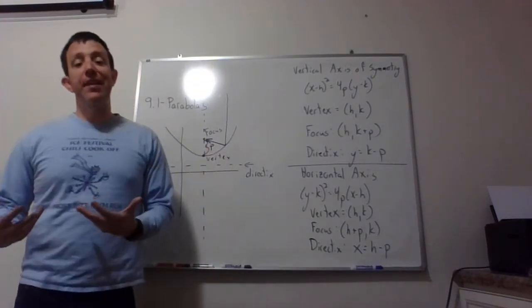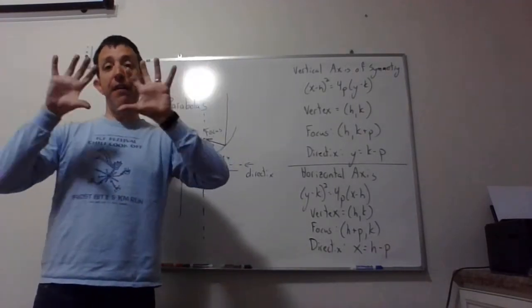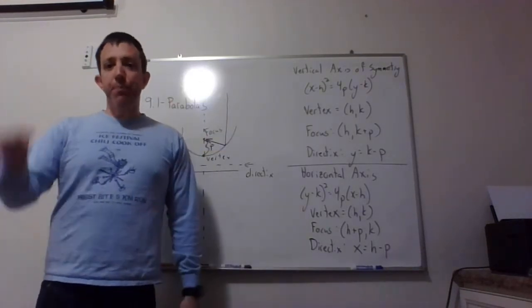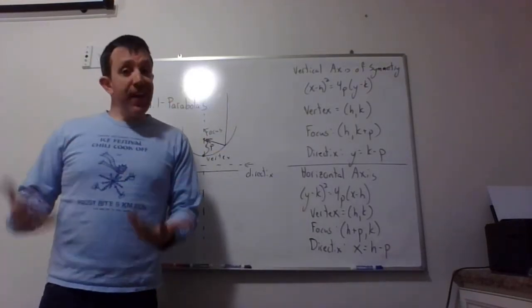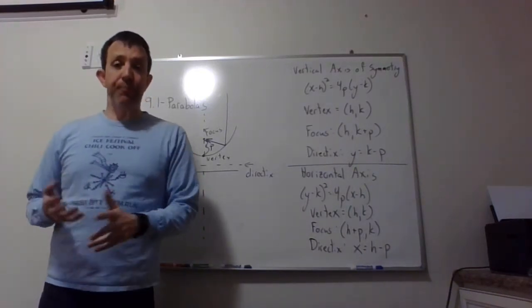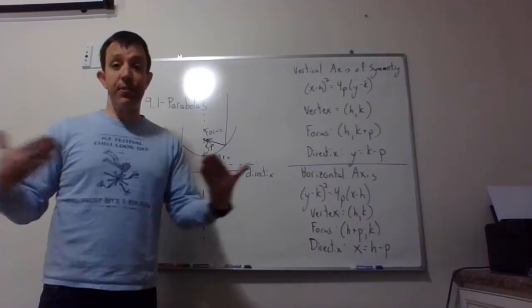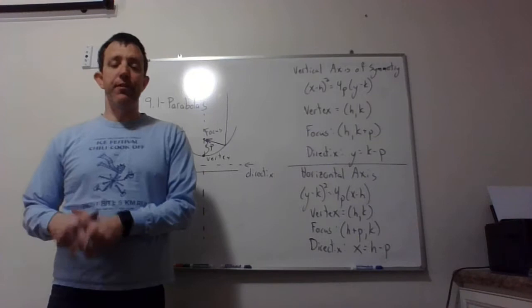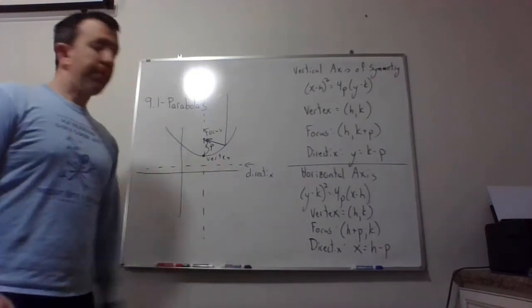If you've ever seen a guy on the sidelines with this half dome shaped clear bit of glass or plastic that he's pointing at the field, that is a parabolic microphone. He points it in the direction of what he wants to listen to, and that's the sound that gets transmitted into the microphone. That's how you can hear that in the middle of a lot of other noise going on. So anyway, parabolas are kind of cool.